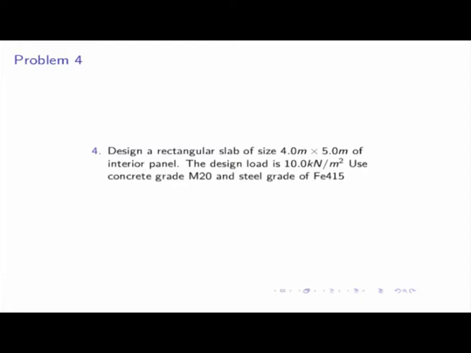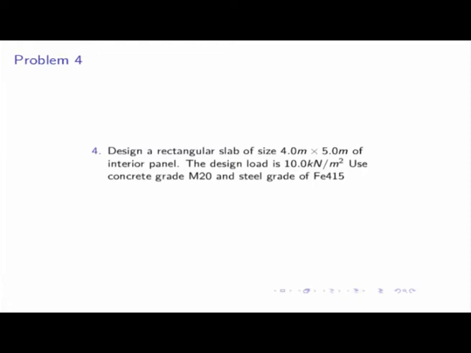Design load is 10 kN per square meter. I have directly taken 10 kN per square meter. We shall discuss the multi-story frame tomorrow, and then you will understand how much load and other things come, and how you can find them out.